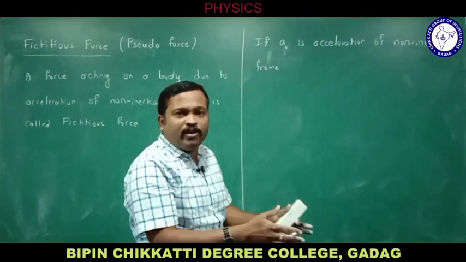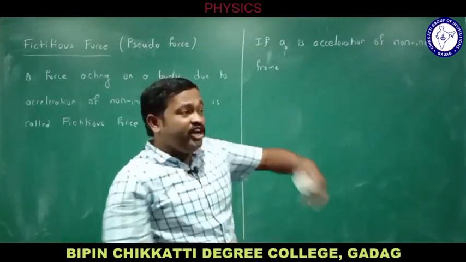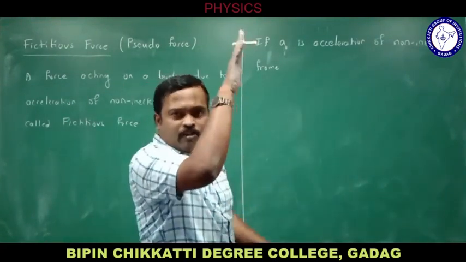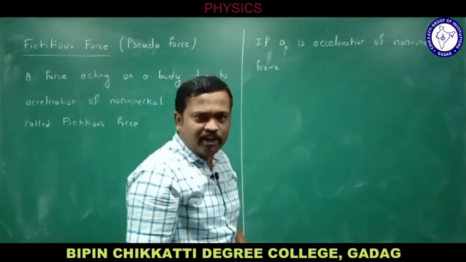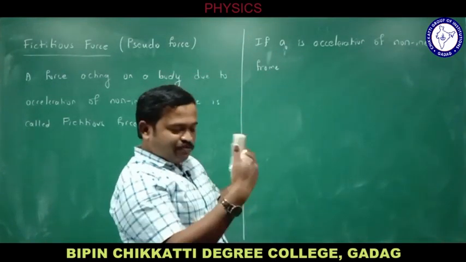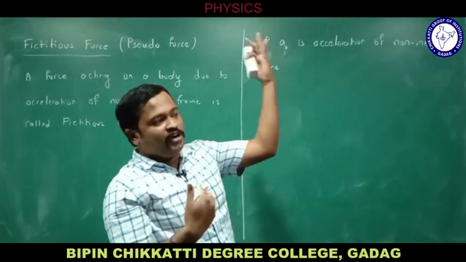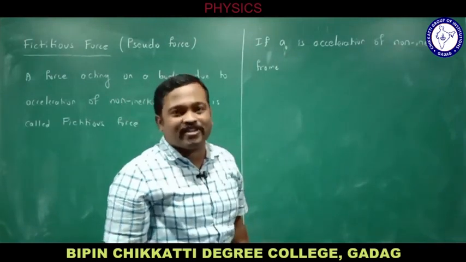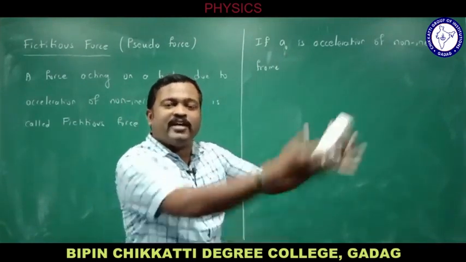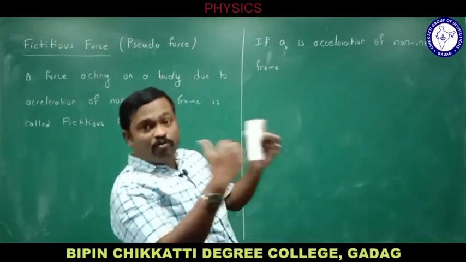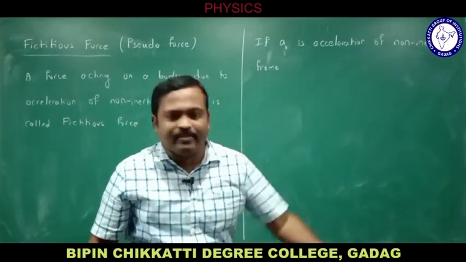If you are standing in a bus and the driver suddenly increases the speed, if he puts his leg on the accelerator, you go backwards. The force which is acting on you when the speed of the bus increases is called the fictitious force, right? How much you move backward depends upon the acceleration of the bus itself.